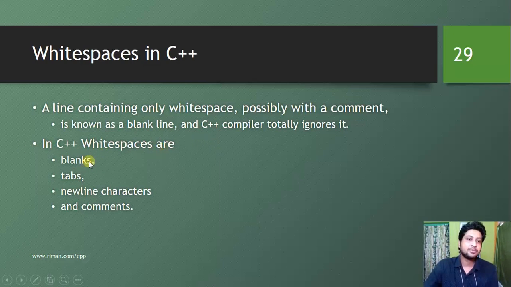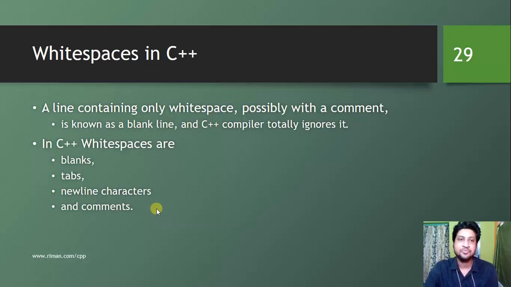Blanks, tabs, new lines, and comments can all be considered as white space. That means in between two statements we can have comments, and they will be treated as white space and ignored by the compiler.